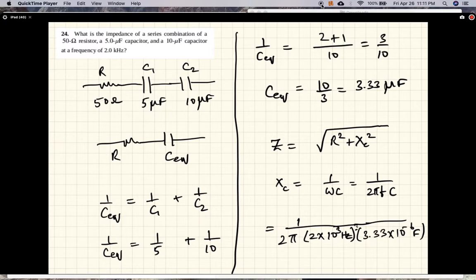Alright, so let's figure this out. Let's take care of powers of 10: that's 10 to the power 3, minus 3, minus 6, and the minus 3 comes to the top, so that becomes plus. Actually, let me do it on a new page.